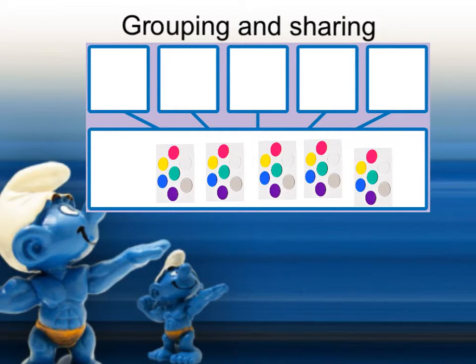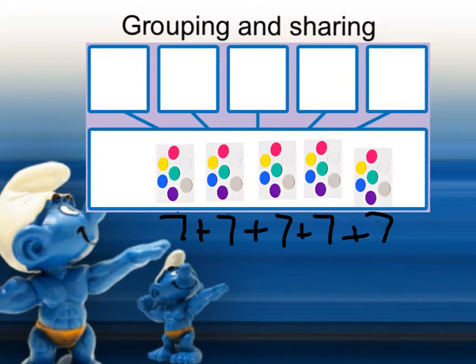Let's write a number sentence to match these counters that I've just put into the large block. So I've got 7 here, 7 here, 7 here, 7 here, and 7 here. Okay, right. Let me work that out. 7, this is using repeated addition, 7 plus 7 plus 7 plus 7 plus 7.